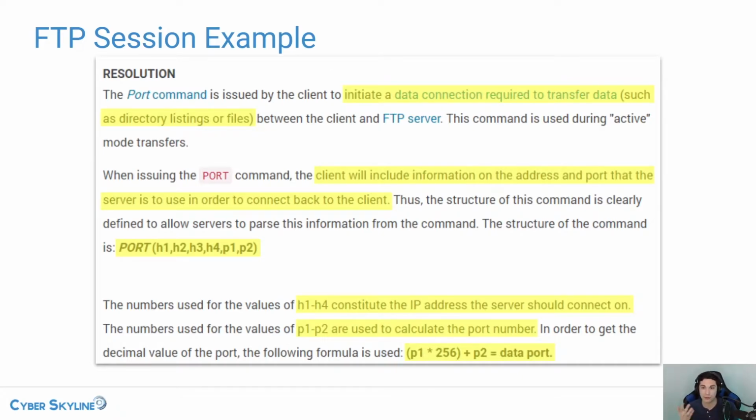I think that's mainly for efficiency and usability purposes. So if you want to transfer any data, you need to establish a new connection. So this PORT command is providing the information required for a new connection to be established.